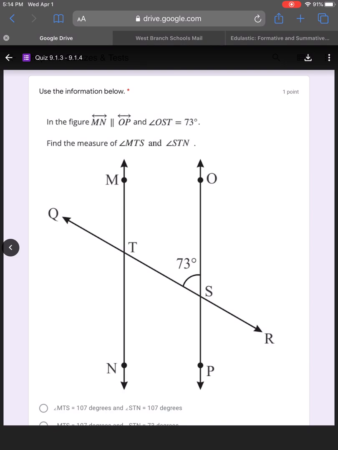So when we go from point M to point T to point S, what is that angle? And then angle STN. But wait a minute, the middle letter is T also. Well, right, but we're looking at the angle that is formed when we go from point S to T to N.